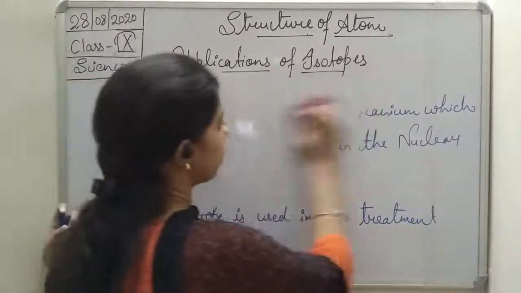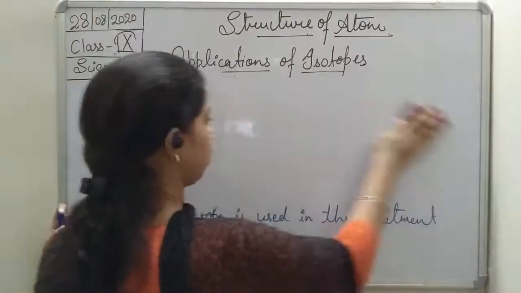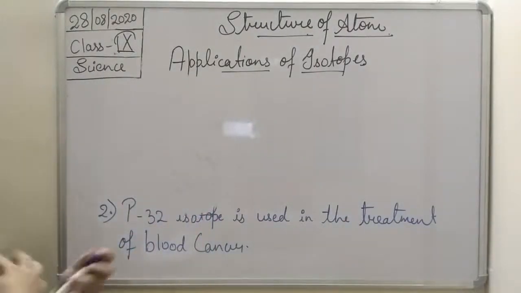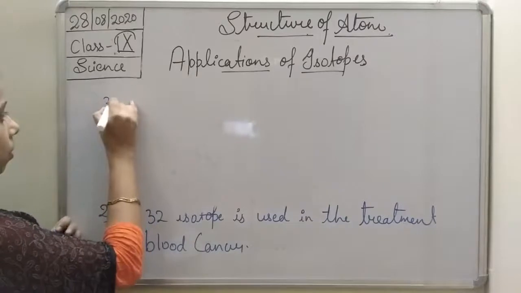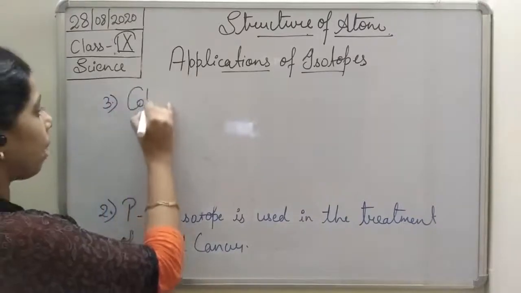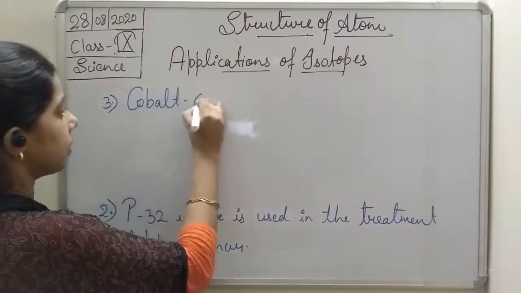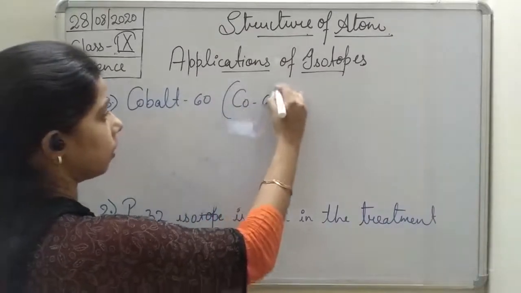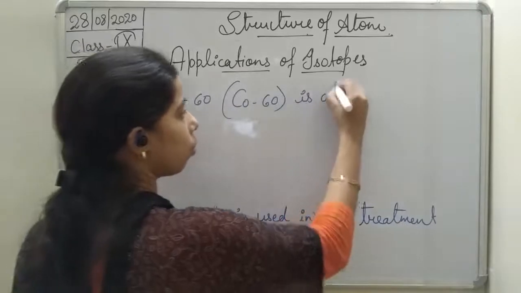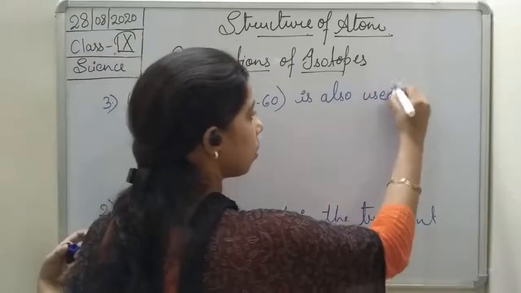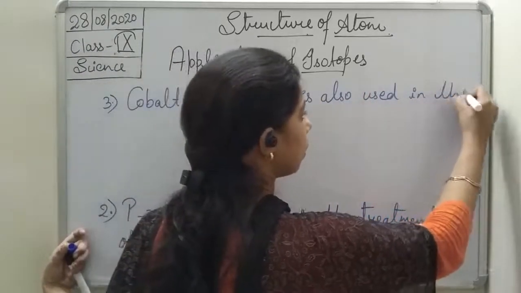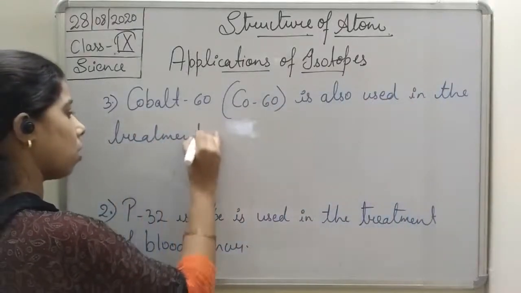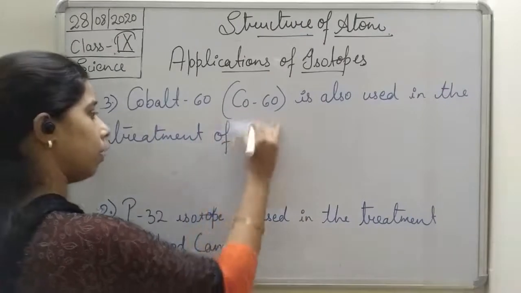Cobalt-60, students. Cobalt-60 is also used in the treatment of cancer. So we can write it: cobalt-60, or Co-60, is also used in the treatment of cancer.